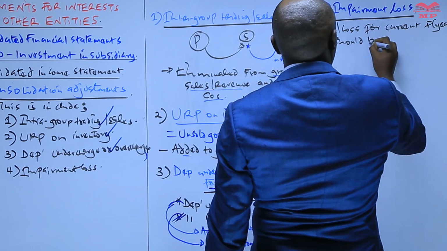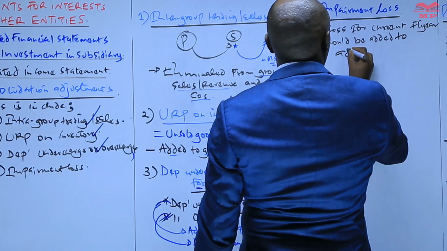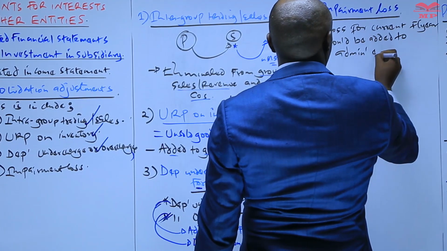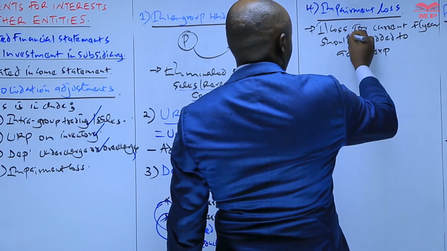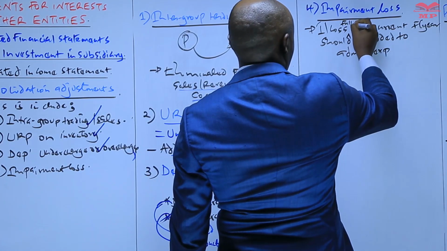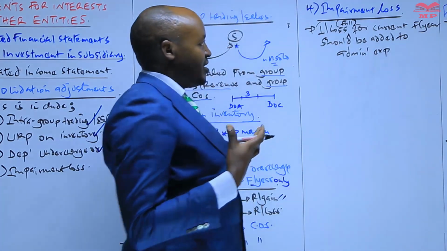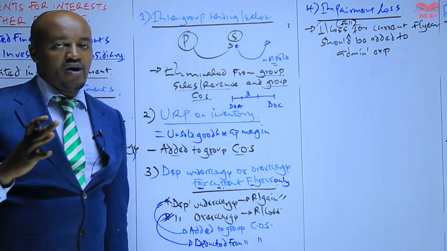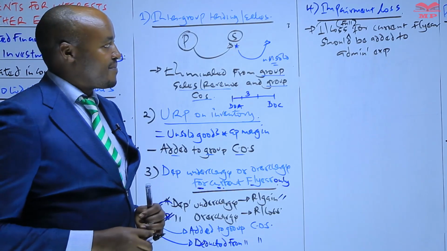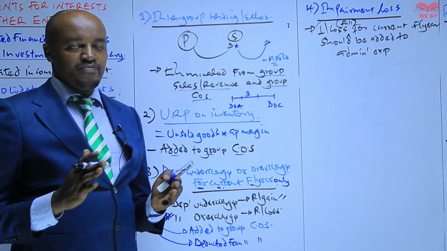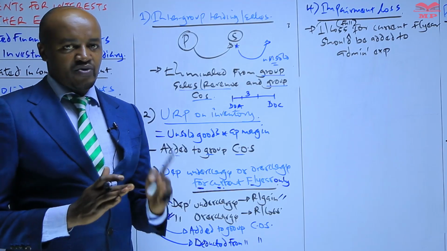So therefore, you can say that impairment loss for the current financial year should be added to the administrative expenses. And in this case, it is the full amount of the impairment loss, because when we compute the goodwill using the full goodwill method, the impairment loss which we determine is the impairment loss attributable to the parent company goodwill and to the NCI goodwill.